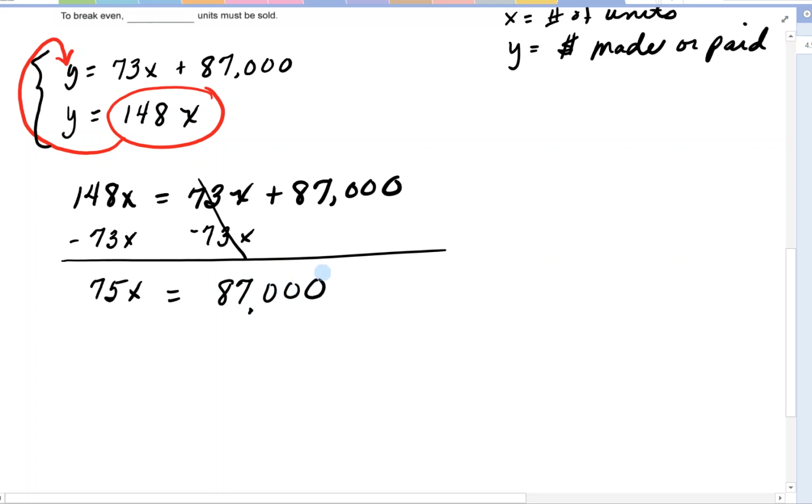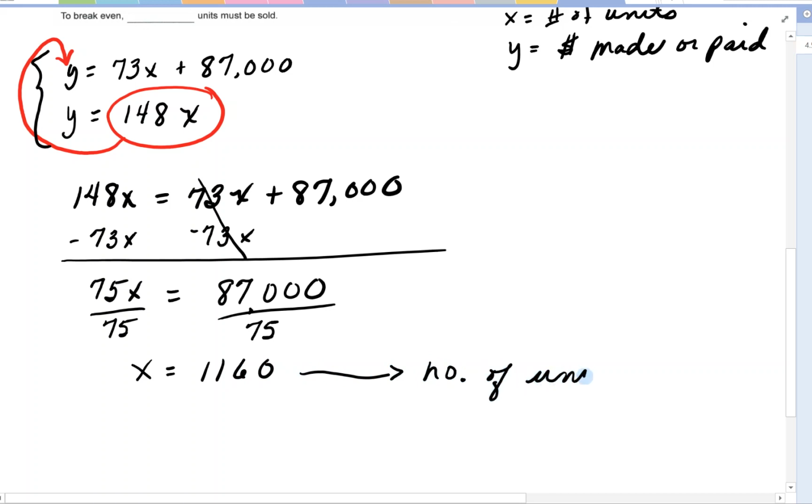That gives me 75x is equal to 87,000. Off screen, I'm grabbing a calculator. 87,000 divided by 75. So I divide by 75, I divide by 75, and I get x is equal to 1160. This is the number of units for break even.